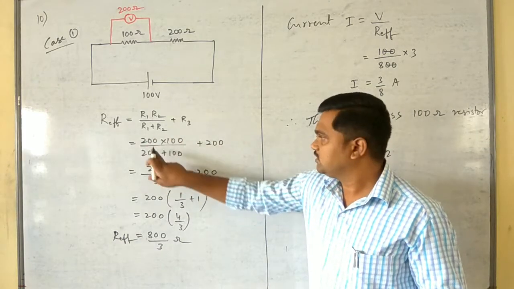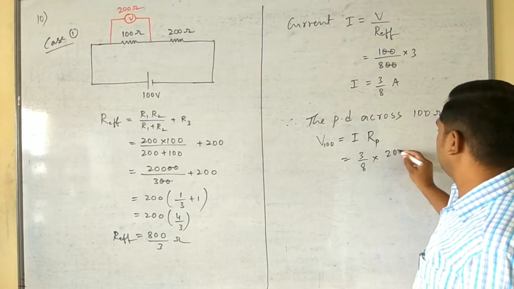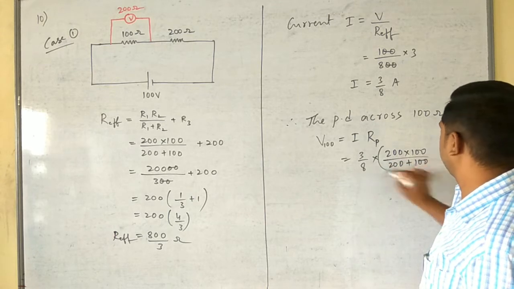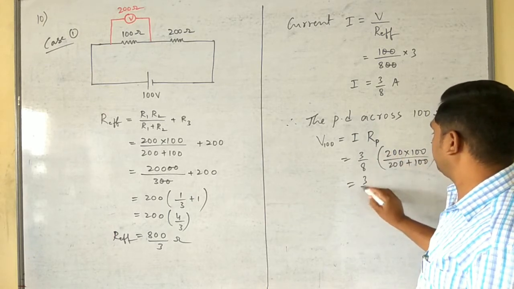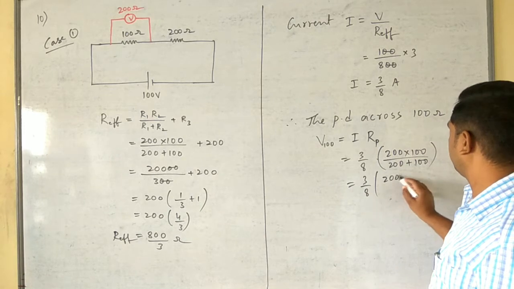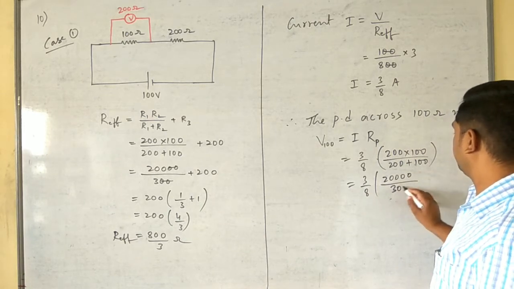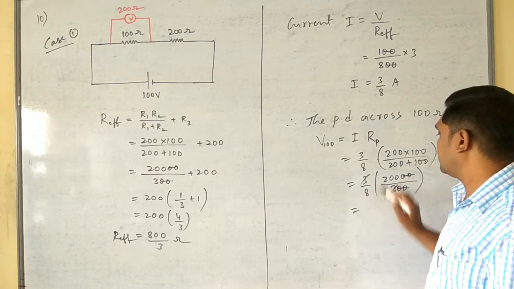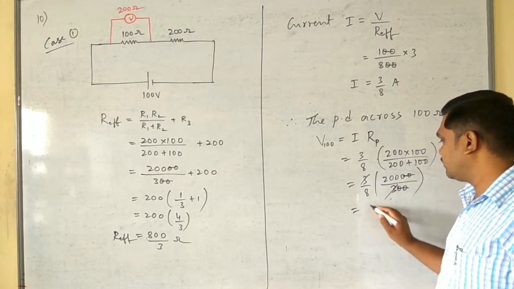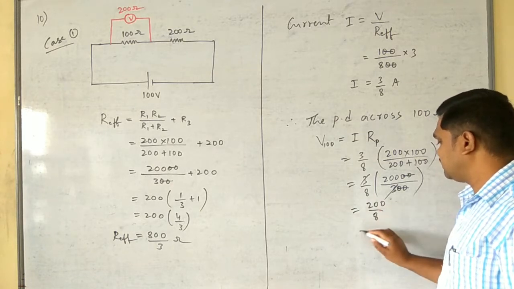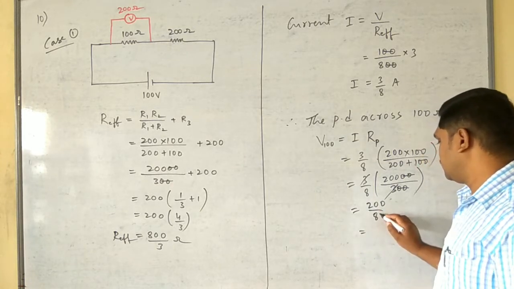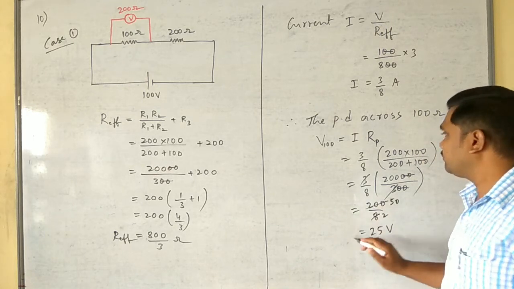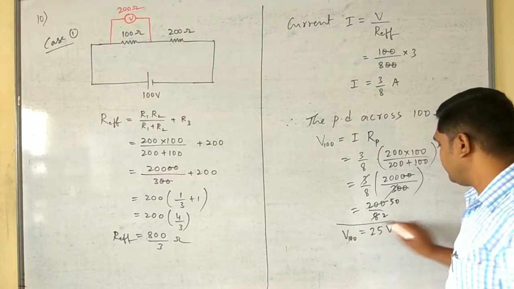So this is 3 by 8 into 2 followed by 4 zeros divided by 300. Here 2 zeros cancel, 3 cancels. 200 divided by 8: 4 twos are 8, 4 fifties are 200. Therefore, this is 25 volt. V100 is equal to 25 volt.